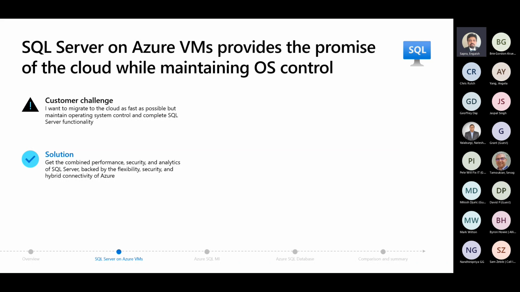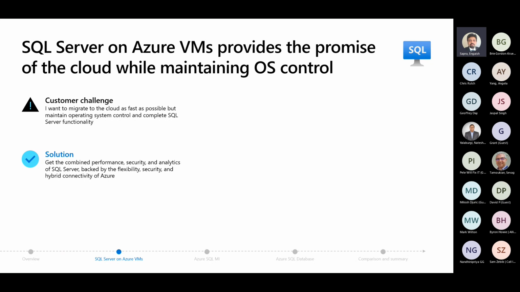When we are looking at a transformation project, especially from a database workload perspective, a lot of these decisions get made based on the kind of application that is running. So a common scenario from a customer challenge perspective can be, I want to migrate to the cloud as fast as possible, but maintain the operating system control and complete SQL Server functionality.